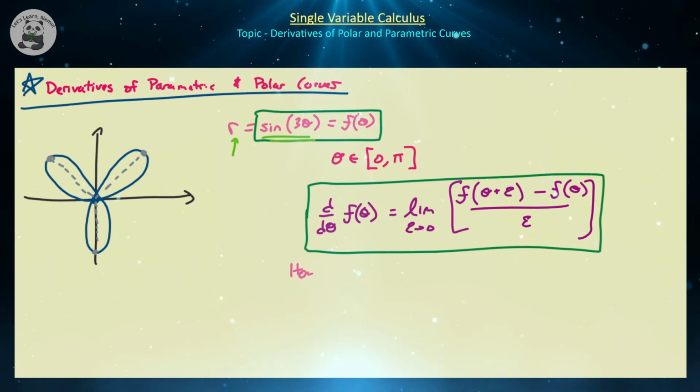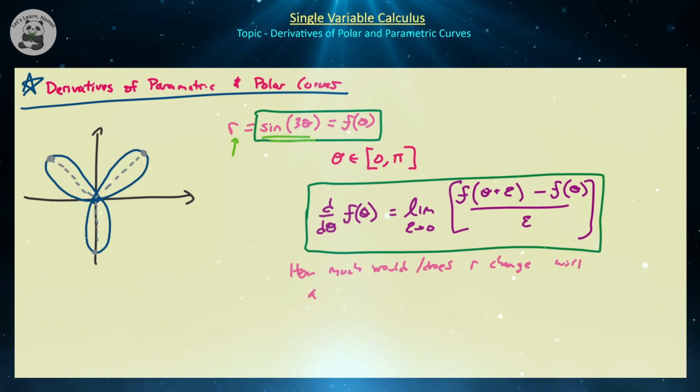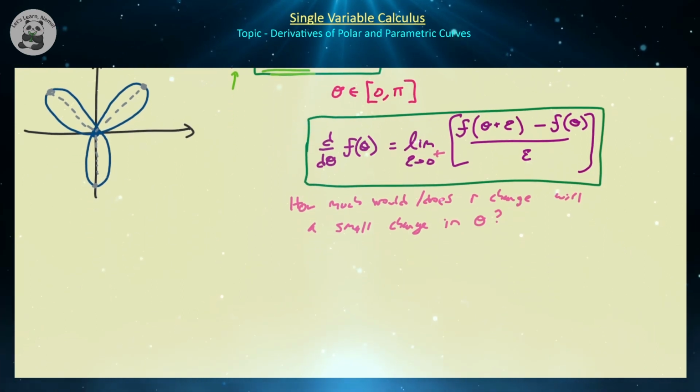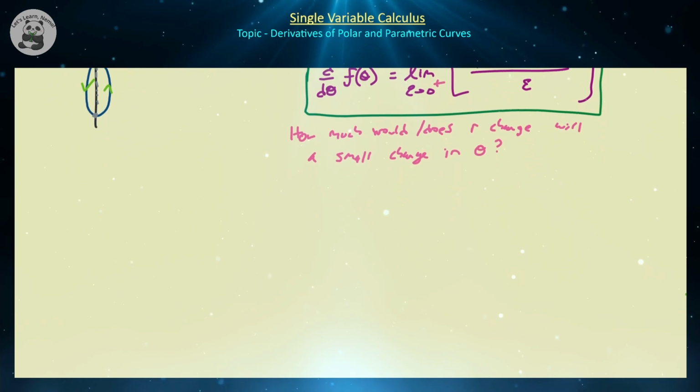How much does our r change with a small change, typically taken to be positive since we're usually approaching 0 from the right hand side, in our parameter theta, right? So if we look at a particular phase of our polar curve, and keep in mind the direction for which this curve traverses also matters a lot, especially when interpreting derivatives.